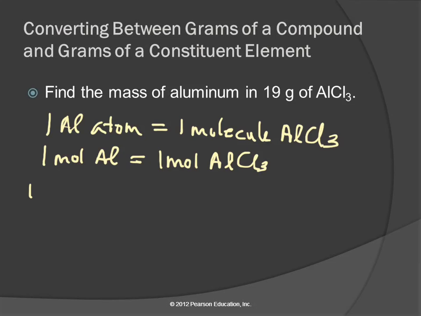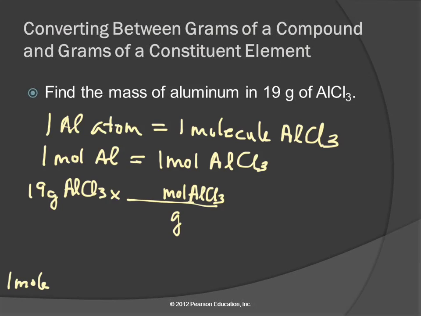So 19 grams of AlCl3. We want to convert that into moles of AlCl3. And to do that, we're going to need the molar mass. So we're going to take this formula and calculate the mass of 1 mole of that. 1 mole of that will equal the mass of aluminum, 26.98, and the mass of 3 chlorines, 3 times 35.45.